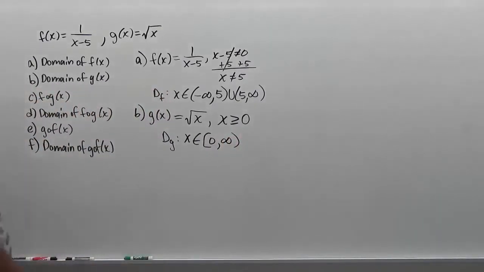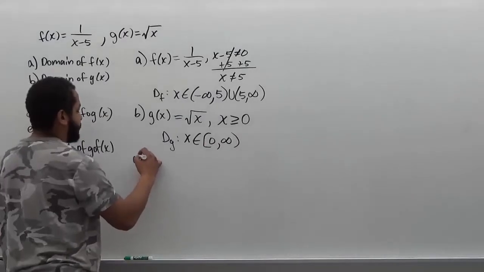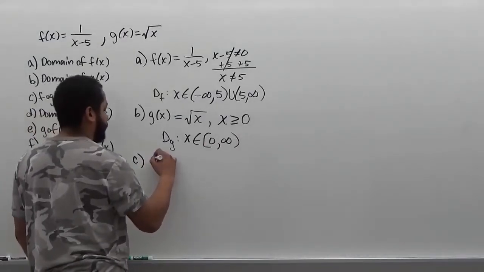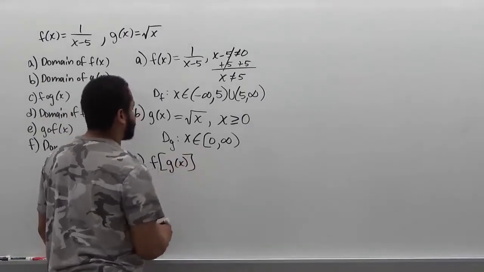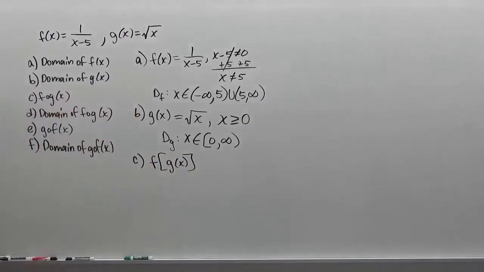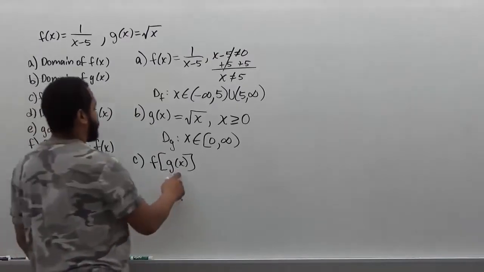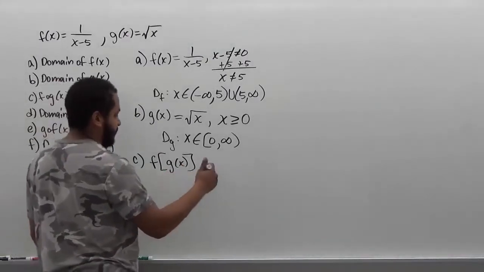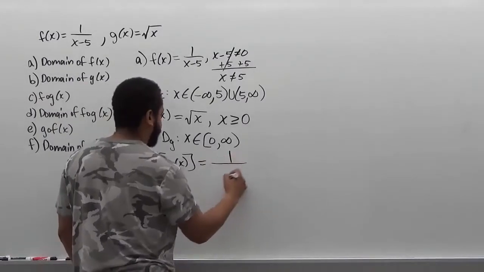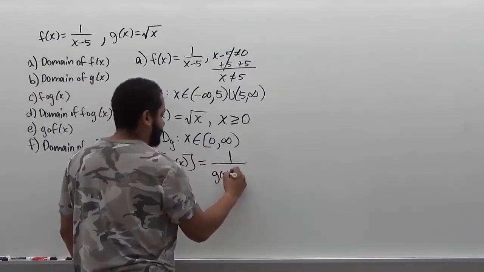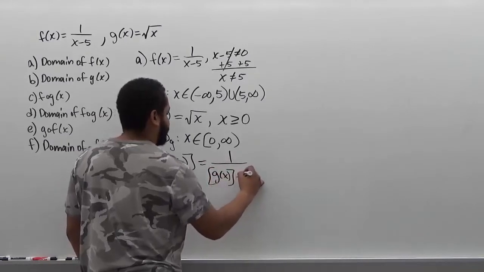Now let's put our first composition function together, f of g of x, in which we have the function g of x as an input into this function. What we're doing here is swapping whatever the g of x function is as the input for this system. So we have basically 1 over g of x, take away 5.